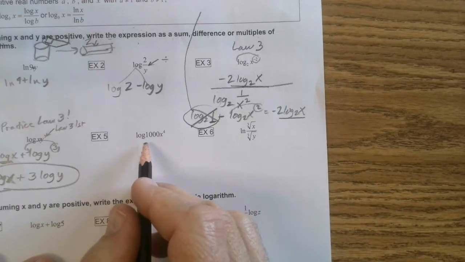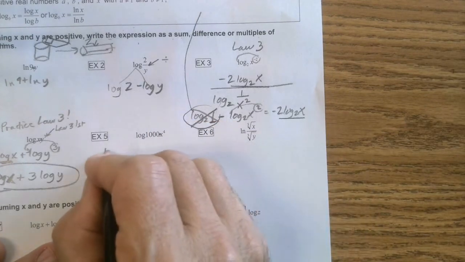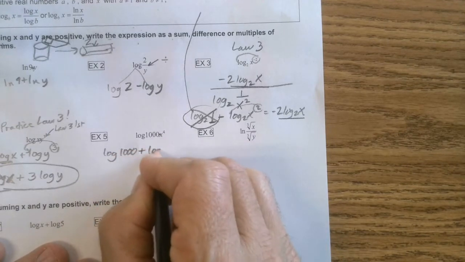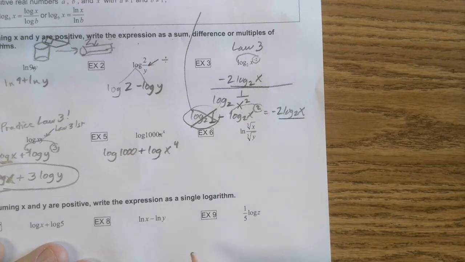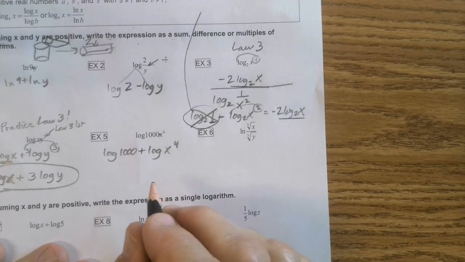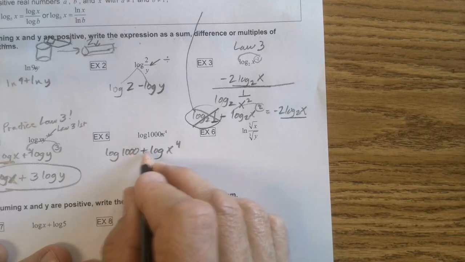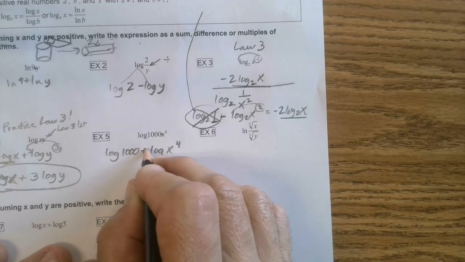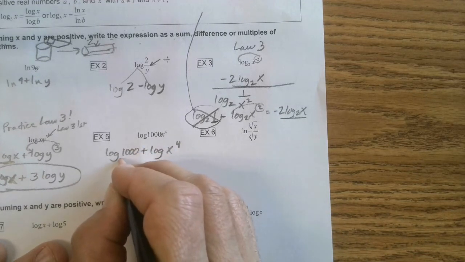All right, this one's got its own little twist. Once again, multiplication. So I'm going to separate it into log 1,000 plus log x to the 4. And I'm done. But pre-calc isn't going to be that nice. They're just not. I'm pleased that you know the rule, okay? Multiplication is addition. But now pre-calc is going to push you a little bit harder. Isn't there a little invisible 10 here?